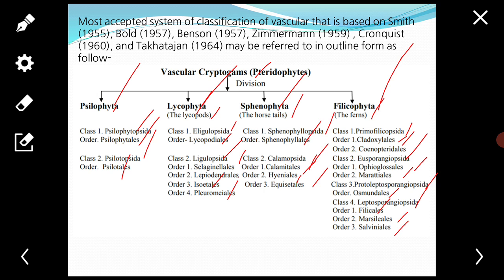Some members of this division are homosporous, example Lycopodium, while others are heterosporous, example Selaginella. Heterosporous forms have endosporic gametophytes, while in homosporous forms the gametophyte is exosporic.